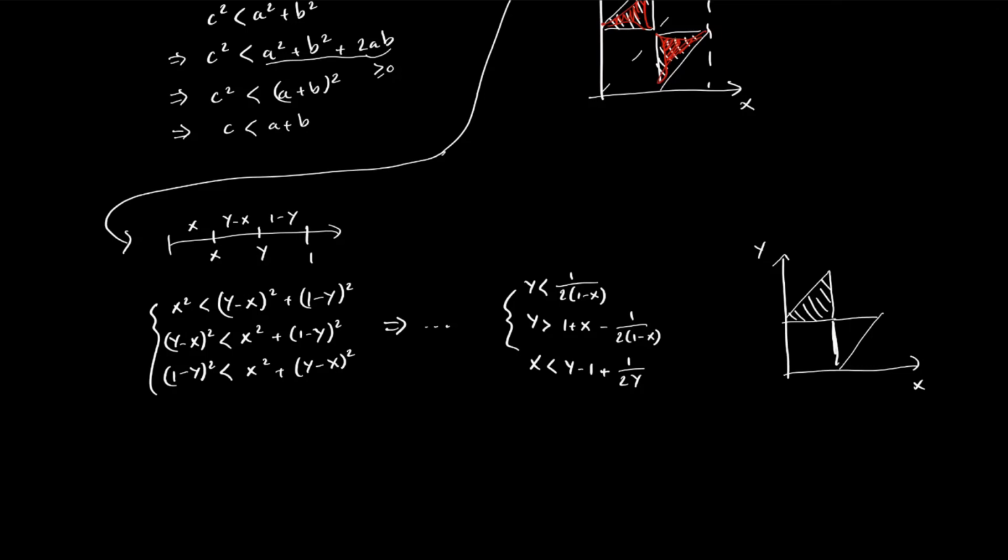And as I was explaining above, the region of the acute triangle should be contained within that region, which means that we can basically bound this equation over here by the equation defining the region of the triangle itself.